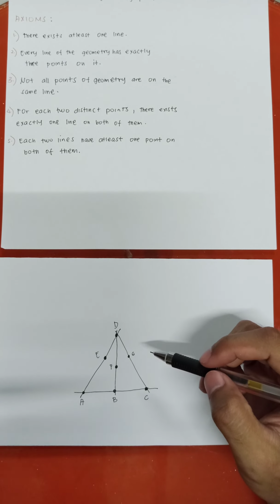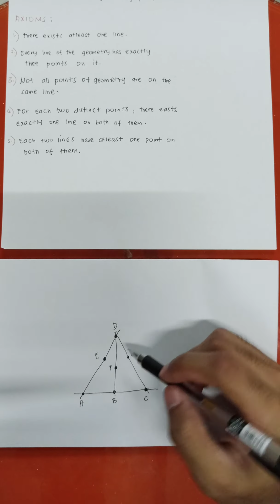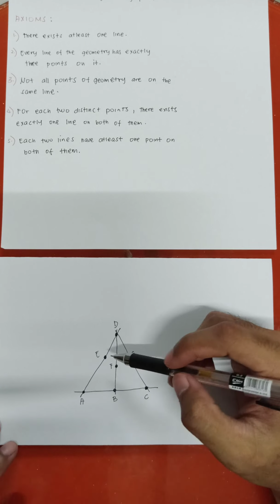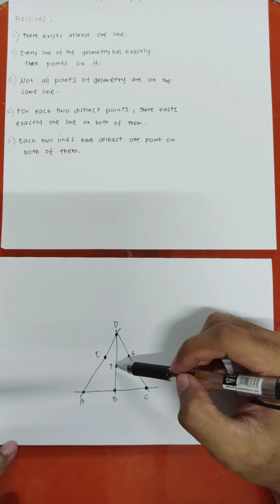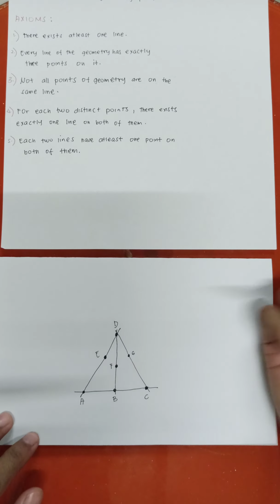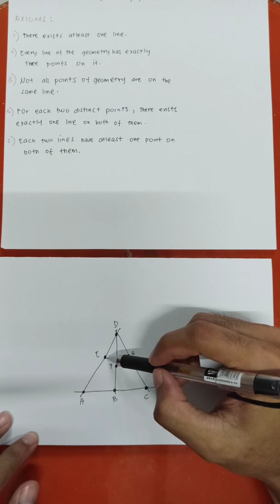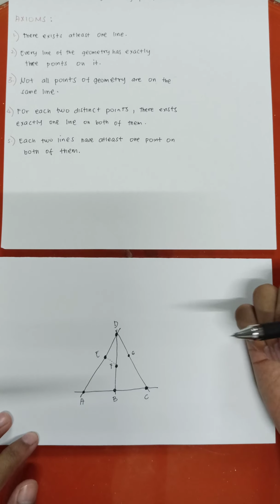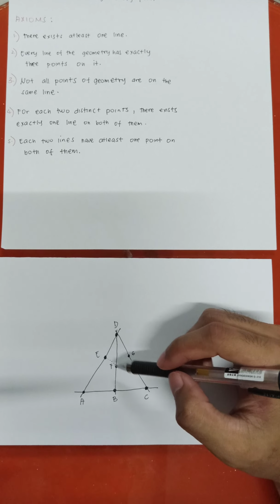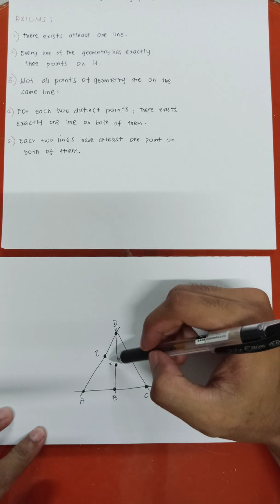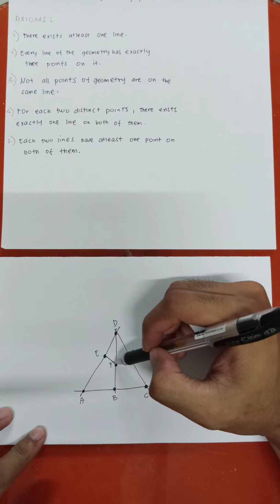Then, in axiom 4, it says that two distinct points must have exactly one line on both of them. So we see that point E and F have no line connecting them. If we try to connect them, it would look like this.